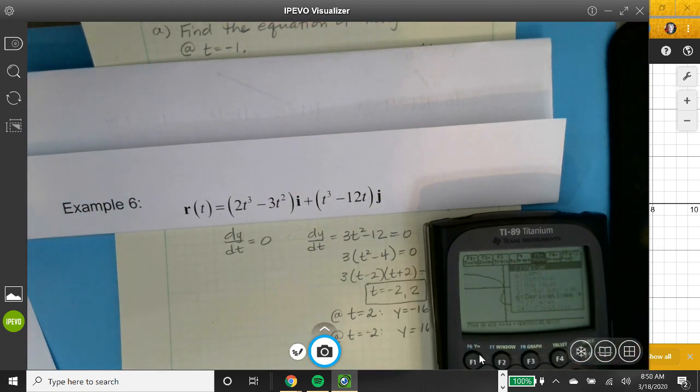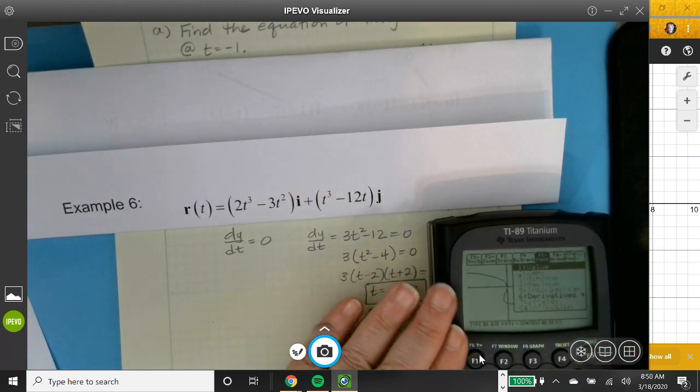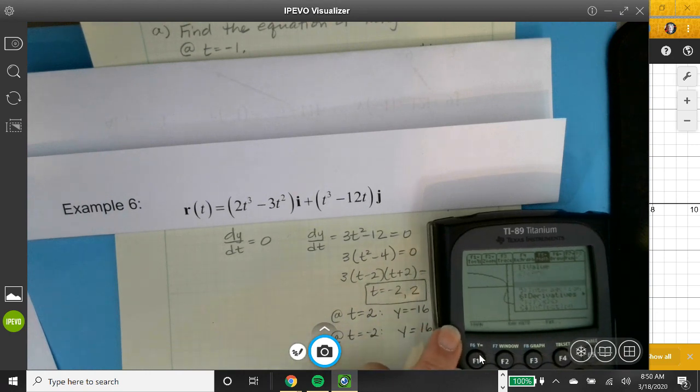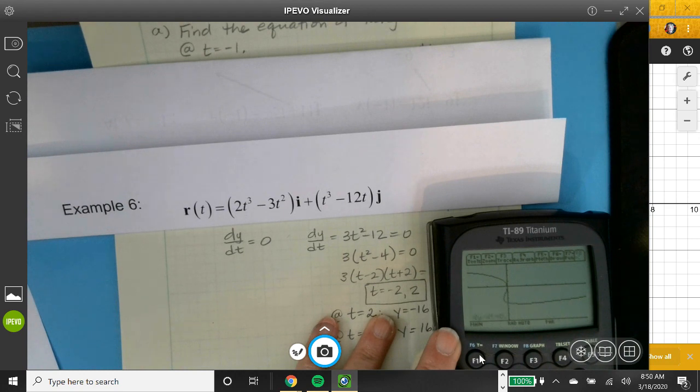All right, so F5, I want to find the derivative when dy dt is at -2. Guess what? That's 0. That's a 0 slope. And that's going to be somewhere over there. Fascinating. Well, I'd like to see it, though.